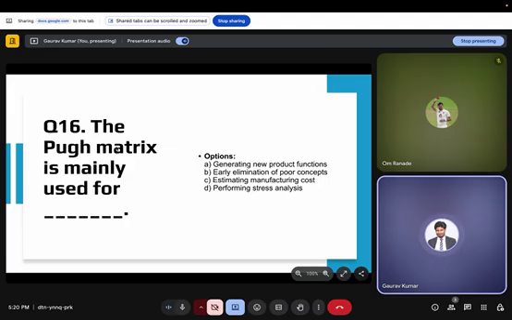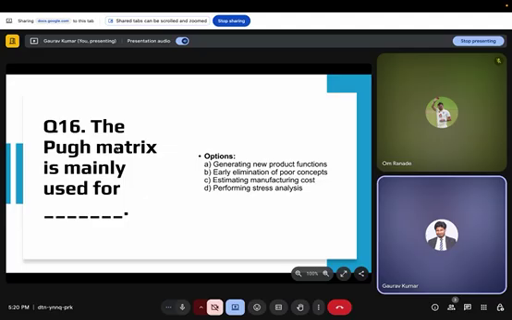This matrix uses simple symbols such as plus, zero, negative to indicate better, same or worse performance relative to the reference concept. Despite its simplicity, it encourages cross-disciplinary discussion and consensus.